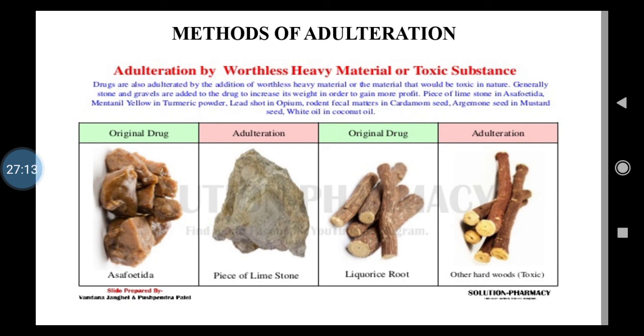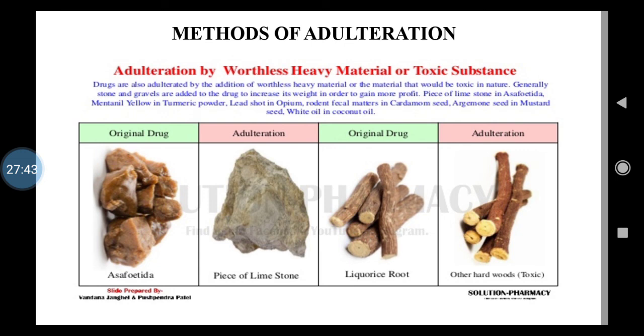Then adulteration by worthless heavy material or toxic substances. This is a little bit harmful type of adulteration. Here the other substances that are used are totally different and may have an adverse effect on the body, and that may be harmful also.